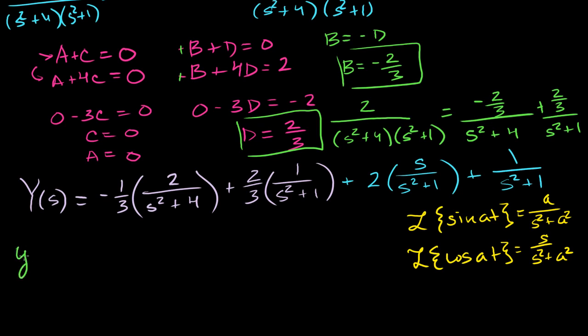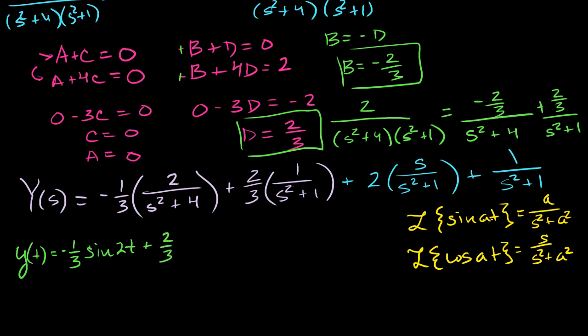This y, maybe we'll write it as a function of t, is equal to, well, this is the Laplace transform of sine of 2t. You can just do some pattern matching right here. If a is equal to 2, then this would be the Laplace transform of sine of 2t. So it's minus 1/3 times sine of 2t plus 2/3 times, this is the Laplace transform of sine of t.